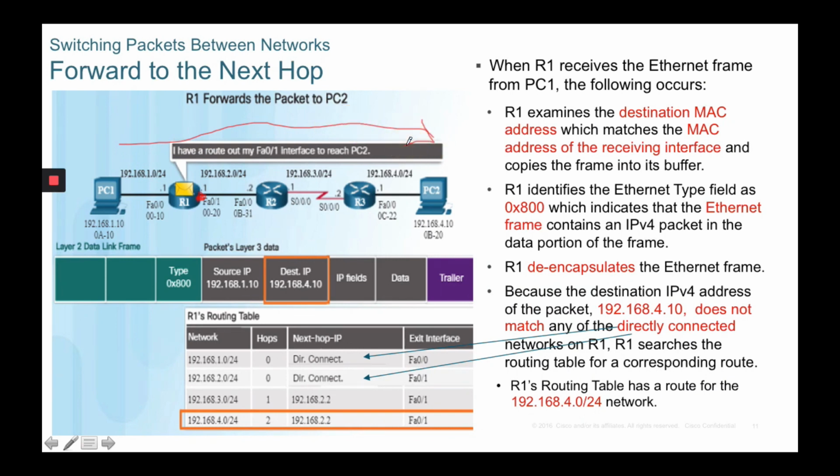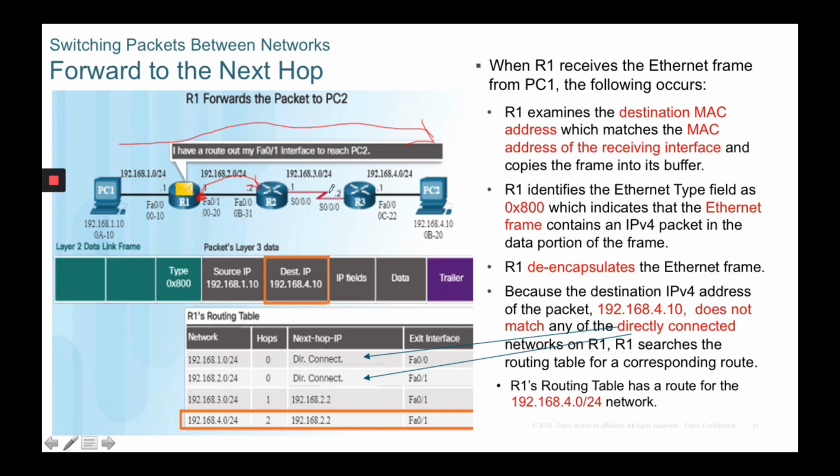Okay. Now, if the R1 routing table would like to send packets to 192.168.3.0, the next hop is this interface, which is 192.168.2.2. That's why you get the answer here, 192.168.2.2. And in order to reach the network 192.168.3.0, you need to hop one time.